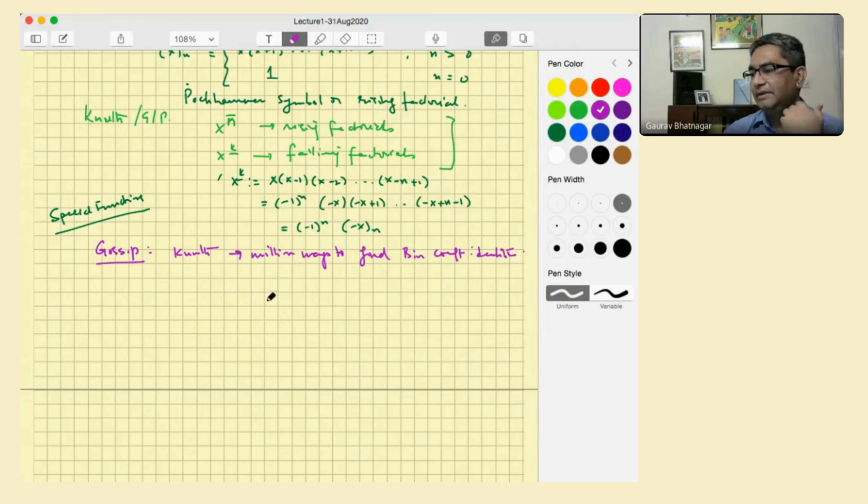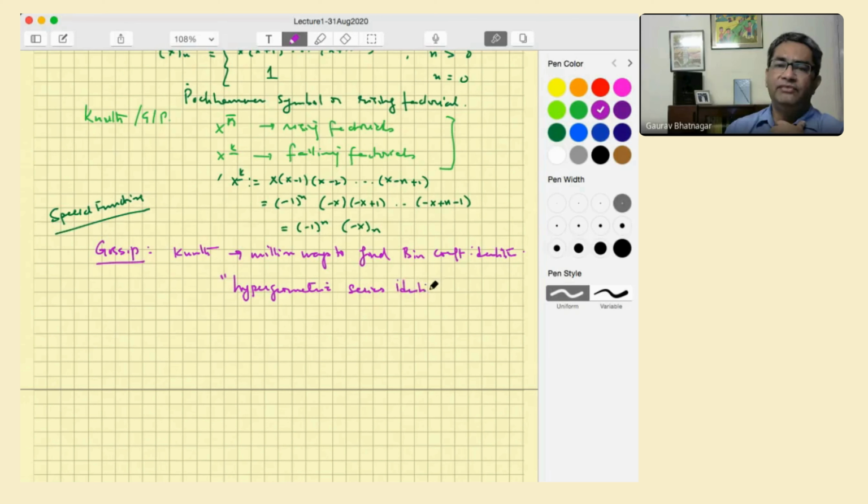Since the last century, people have known something called hypergeometric series identities. These are from Gauss's times, and there are about a handful of them.